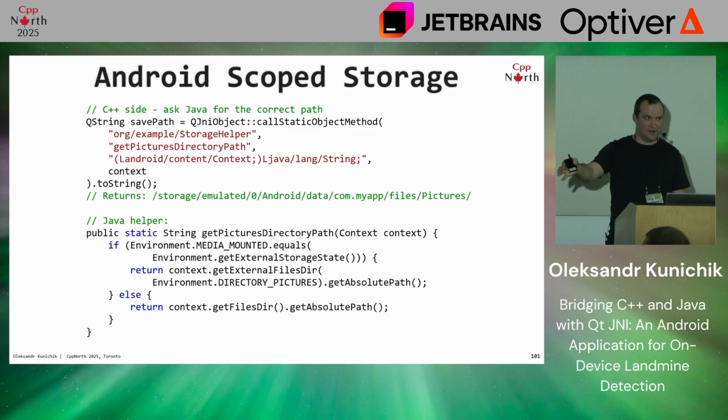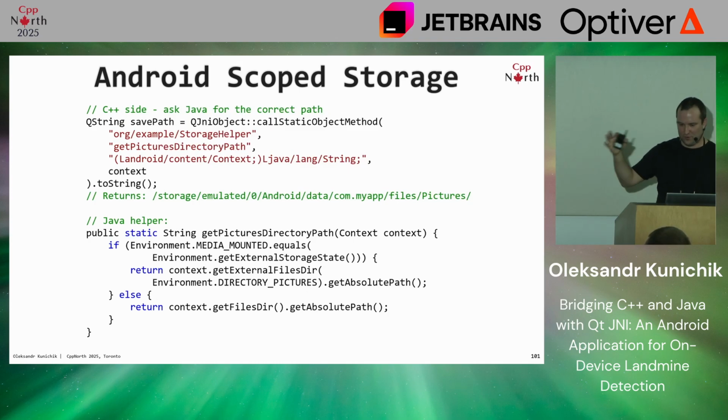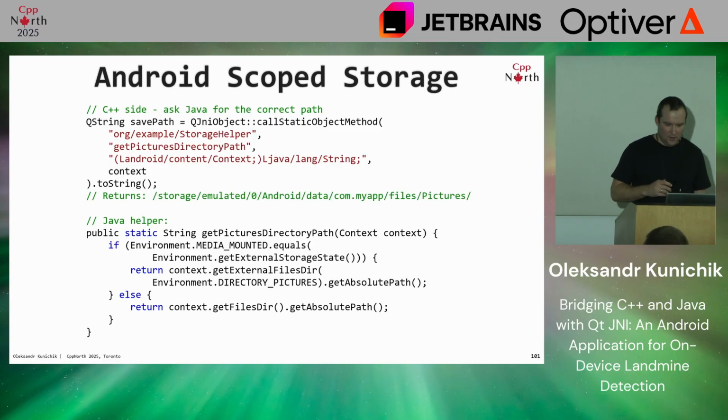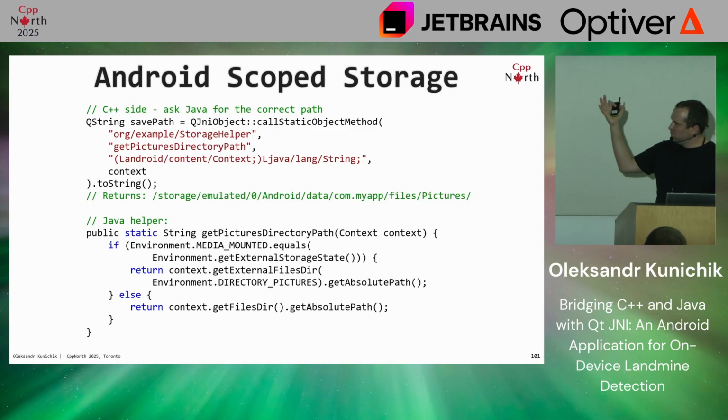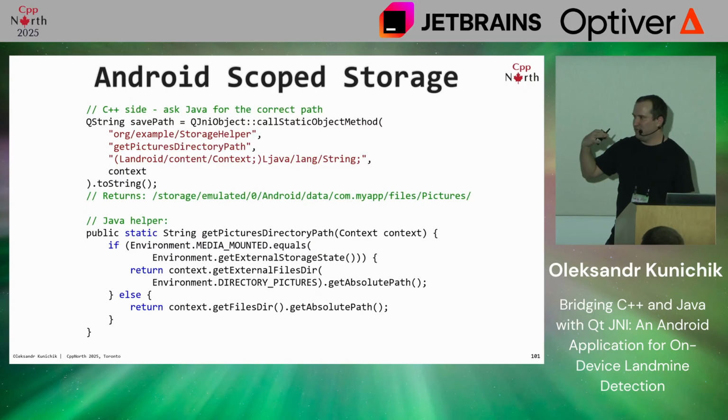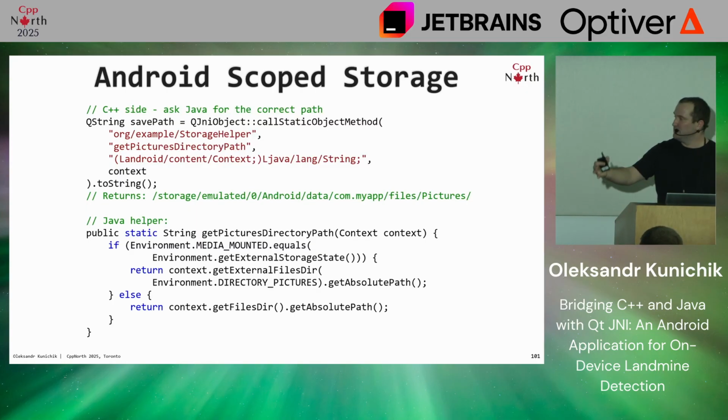Old approach: just write to the directory. New one: you have to communicate with the Java Media Store. So the solution is to ask Java for the correct path. You just ask it, which is the correct path for my pictures. It gives it to you and you use it.